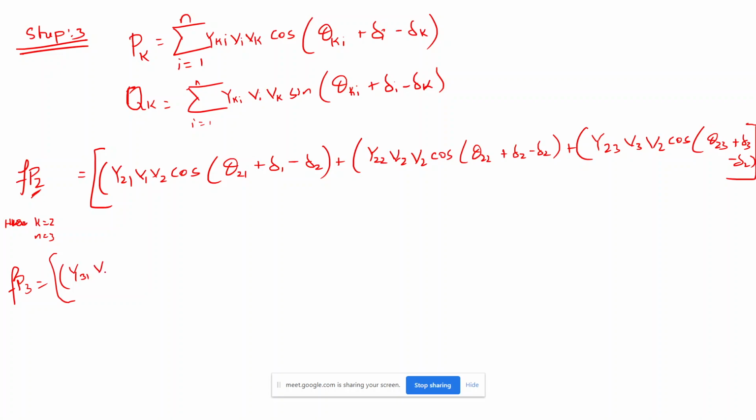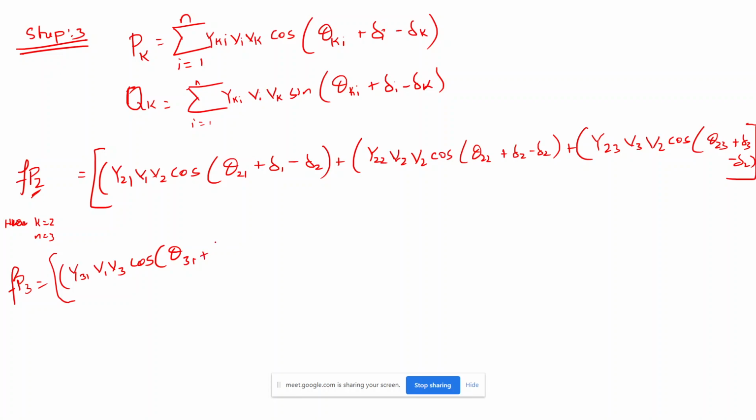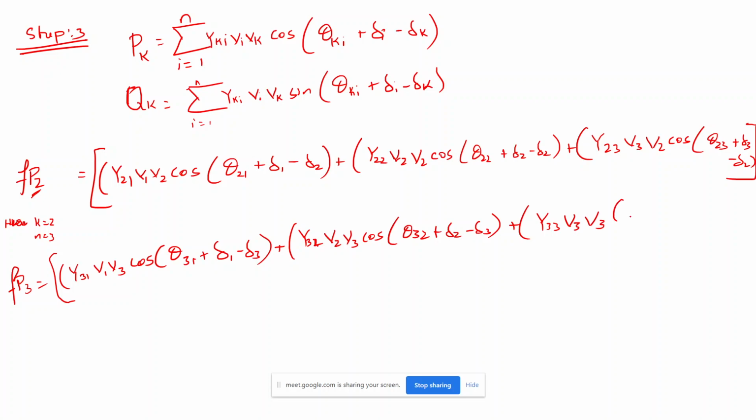Y31 V1 V3 cos theta 31 plus del 1 minus del 3, plus y32 V2 V3 cos theta 32 plus del 2 minus del 3, plus y33 V3 V3 cos theta 33 plus del 3 minus del 3.